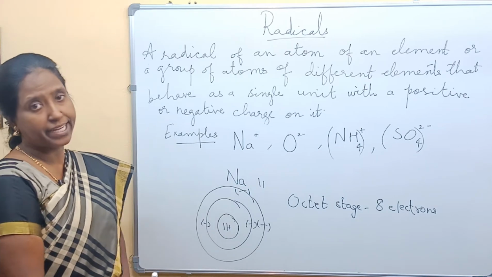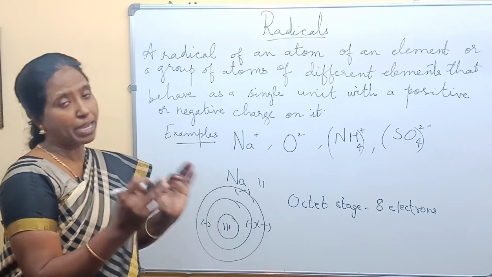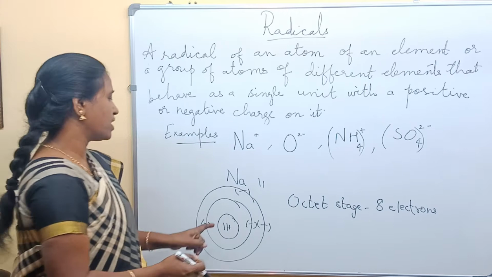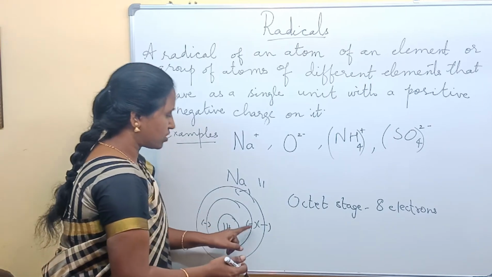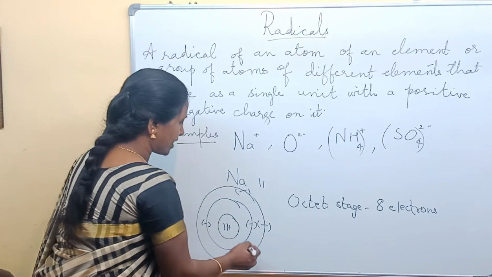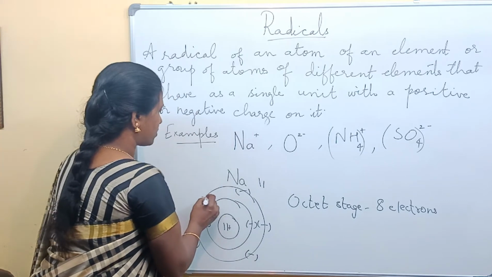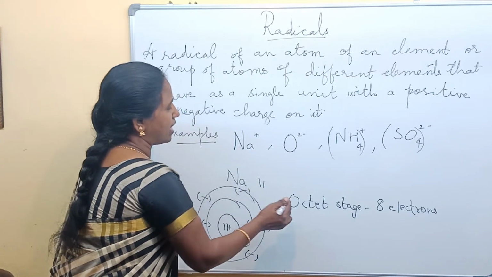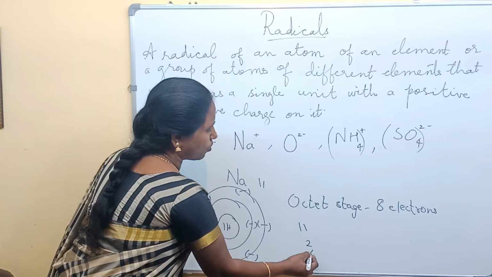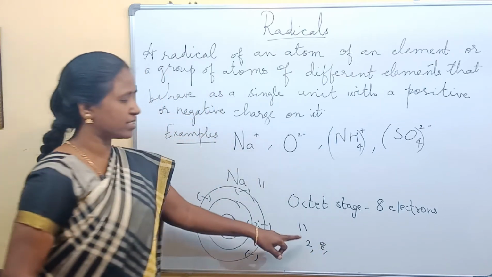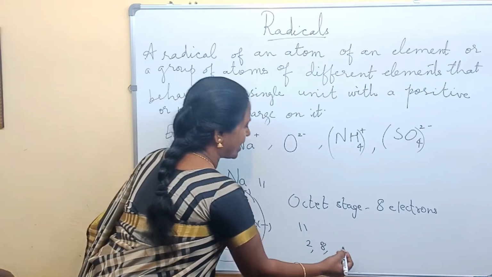2, 8, 18, 32. That is the capacity of each shell. So for the first shell 2 electrons, in the second shell 8 electrons. Now in this 11, after 2 and 8, how many are still left? 1 electron is there.